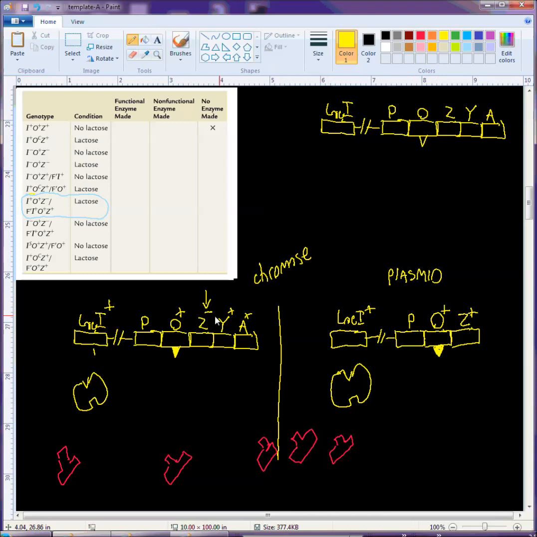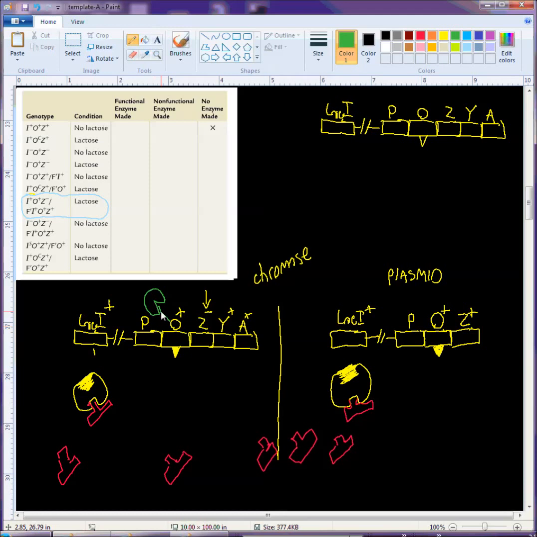Okay, and both copies of the operator are normal. So lactose is going to bind to both of these and cause the allosteric shift in both of them. So neither of them are going to be able to bind to either LAC-O operator.